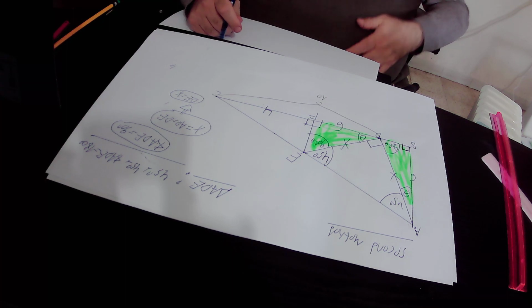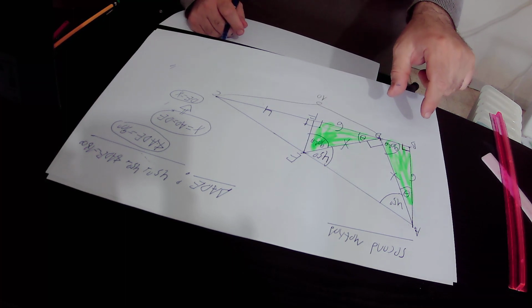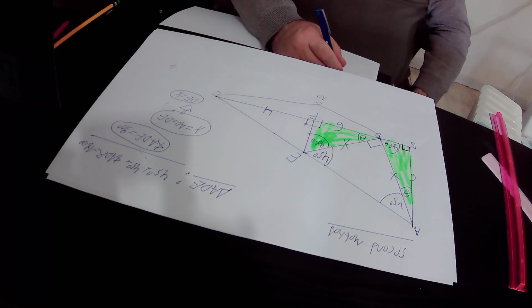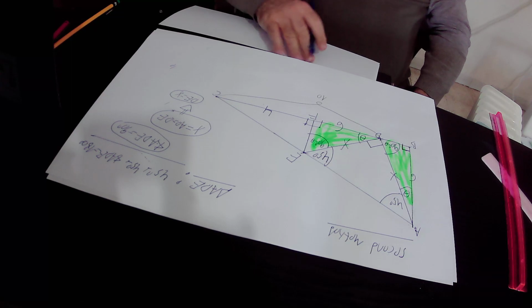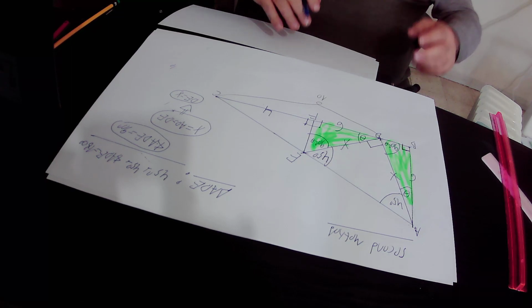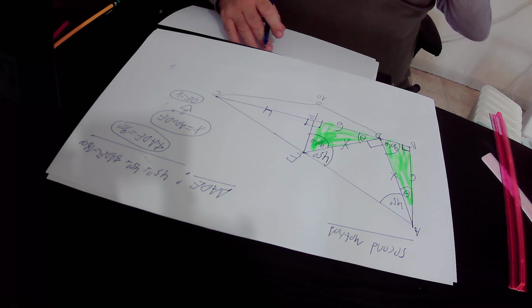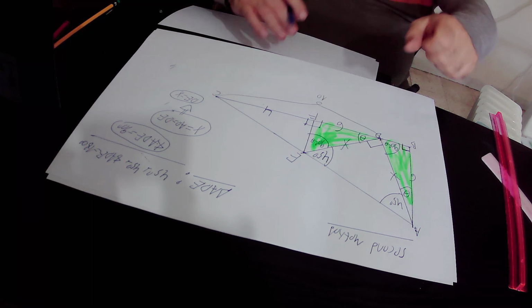Likewise, BD must be equal to EF, according to the rule that corresponding sides in congruent triangles are equal to each other. Therefore BD equals EF.